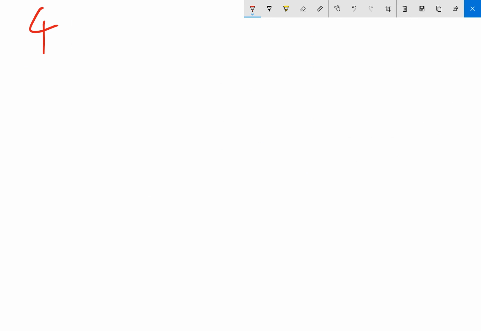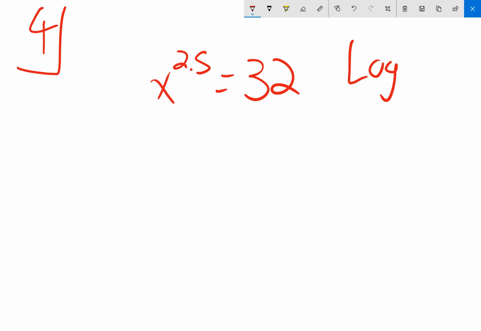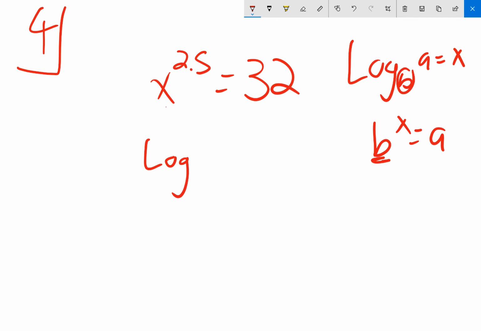Number 4, we have x to the 2.5 power equals 32. Again, if we're using this property, the b, which is the base of the exponent, is x in this case. So we're going to have a log, and that's going to be the base of the log.